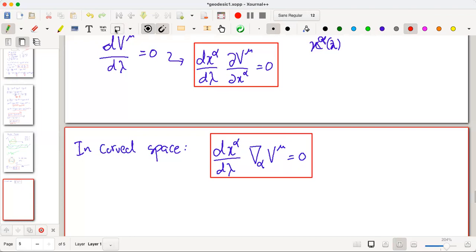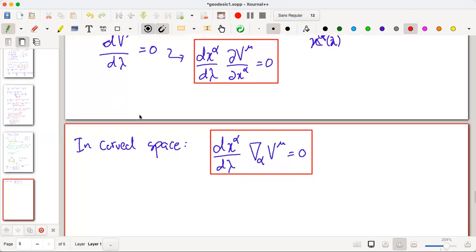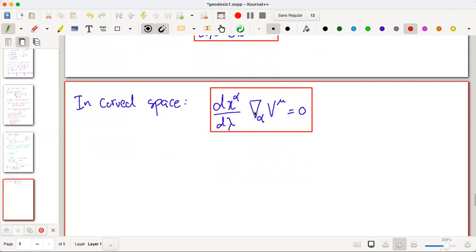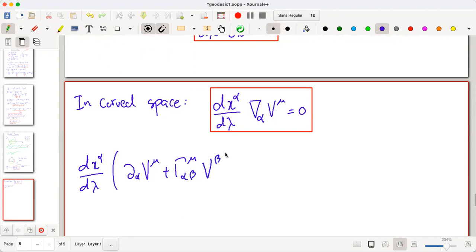Now, extending this, we know what this is. If I work this out, del alpha acting on v mu is just partial alpha of v mu plus gamma mu alpha beta v beta, and this is equal to 0.